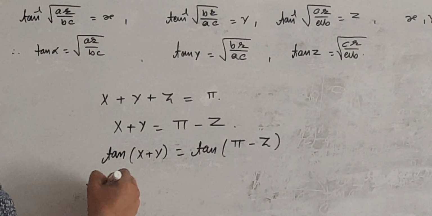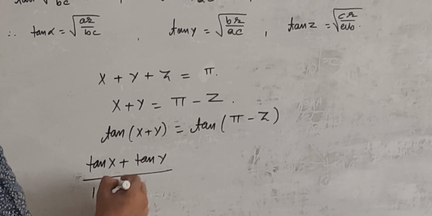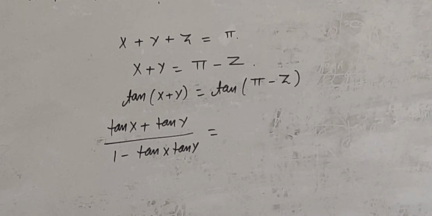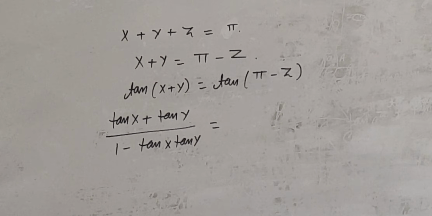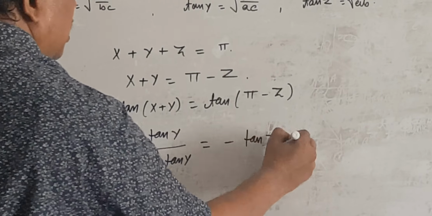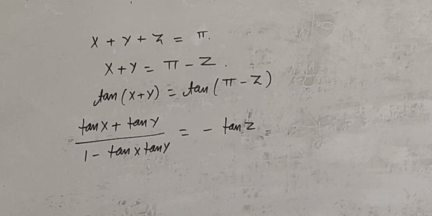So it is tan x plus tan y upon 1 minus tan x tan y is equal to tan of pi minus z. Pi minus means what? Second quadrant. Tan is negative, so we can say minus tan z. We take the denominator to the opposite side, we multiply.